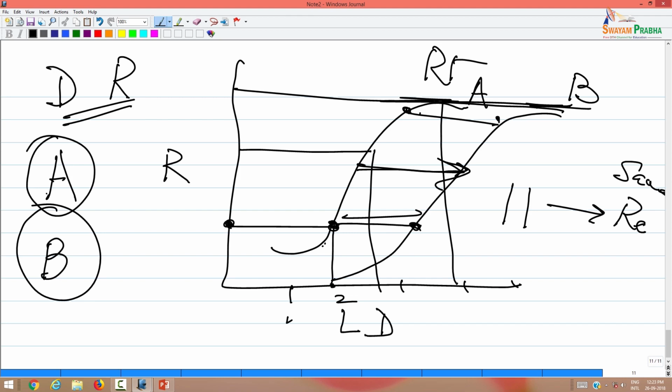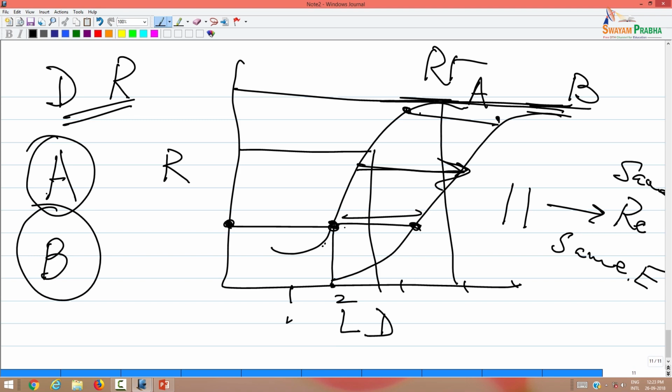If the maximum can be achieved, that means the drugs have the same efficacy. So, same efficacy, but drug B is requiring a high dose, or you can say drug A requires a lesser dose.